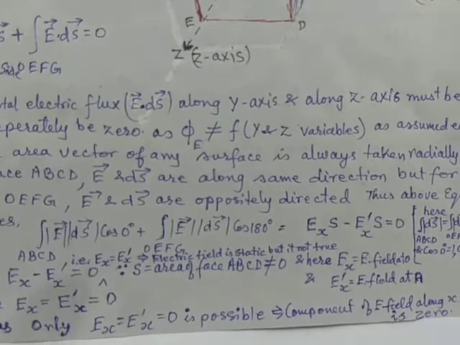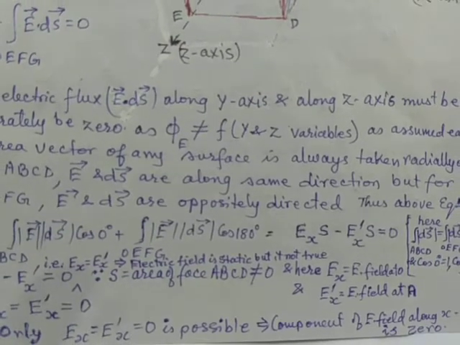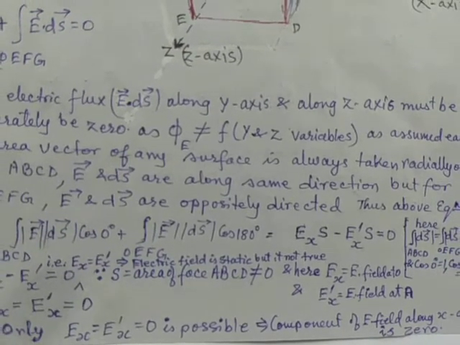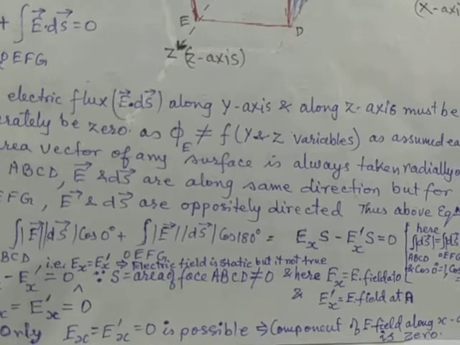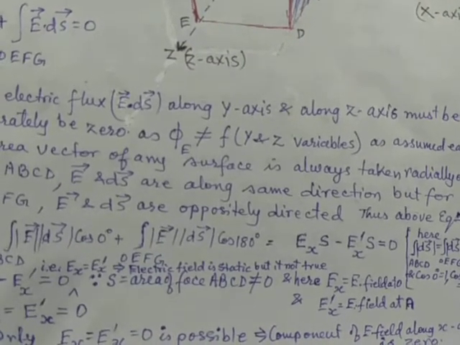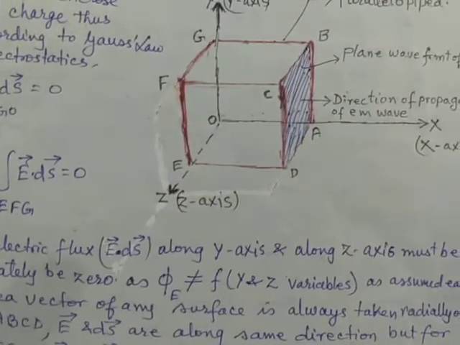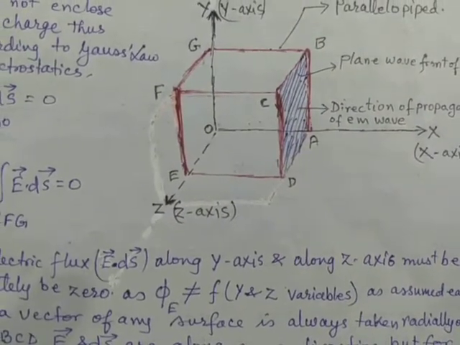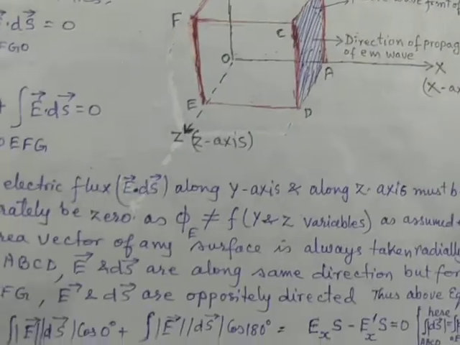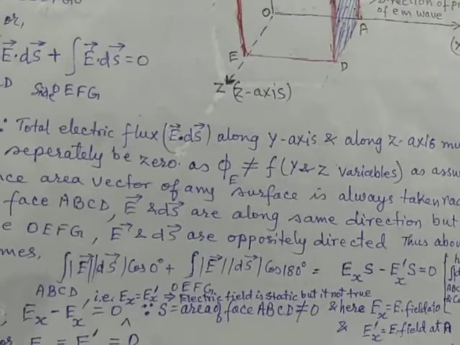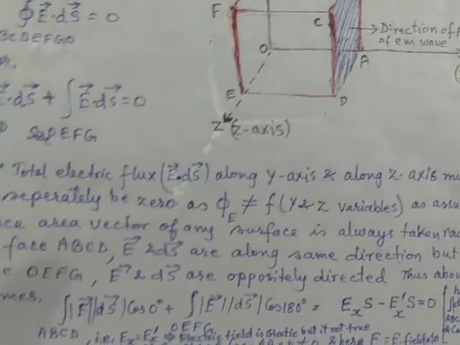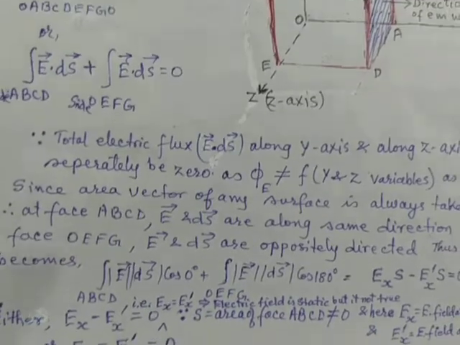So we have Ex into S minus Ex dash into S is equal to 0, where Ex is the value of electric field at point A and Ex dash is the electric field at point O.